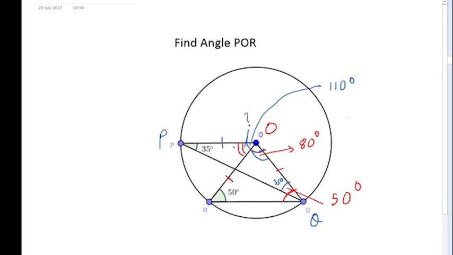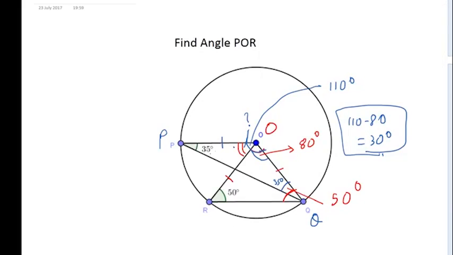So the remaining will be 110 minus 80, equal to 30. So again, not very complicated, should be able to do it mentally, but I'm still solving it so that if you're not very comfortable, at least you can attempt these questions to get a bit more comfortable with circles and various angles and everything.